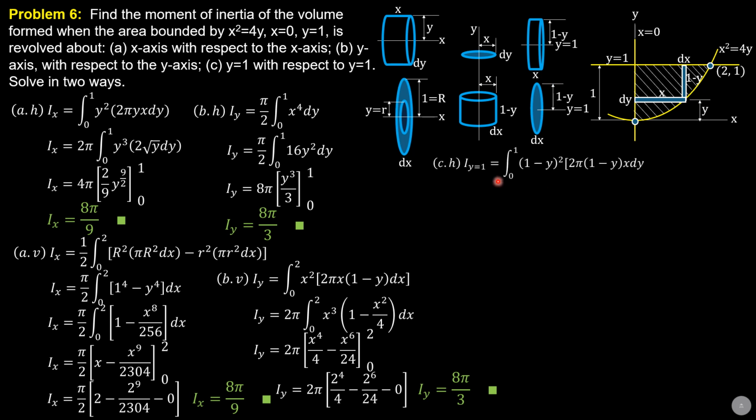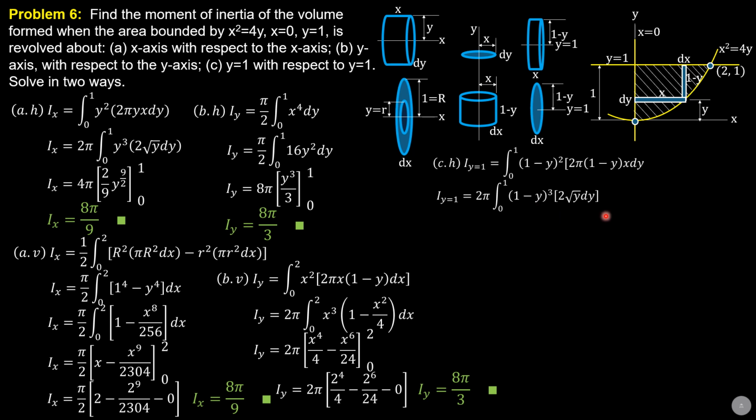So I equals the integral 0 to 1 of radius of revolution squared, 1 minus y squared, then differential volume 2 pi radius 1 minus y, length x, thickness dy, 0 to 1. The variable of integration is y, so we replace x here by 2 square root of y, and we have 2 pi integral of 1 minus y quantity cubed times 2 square root of y dy.